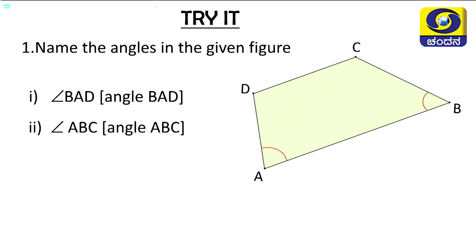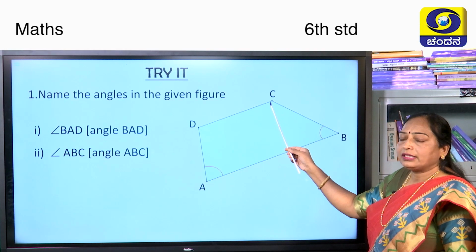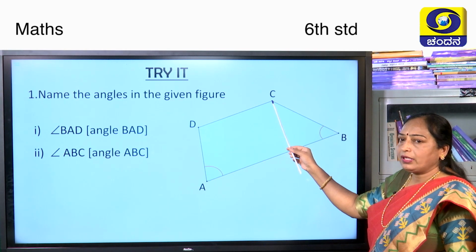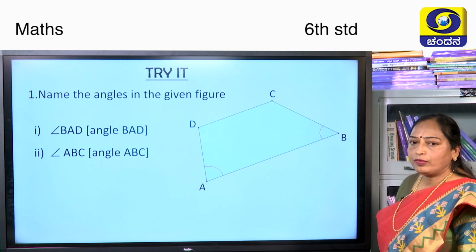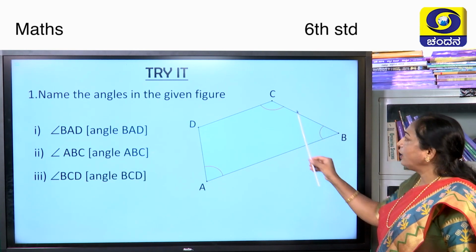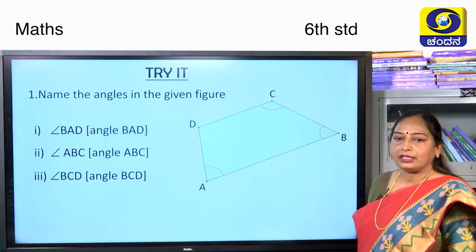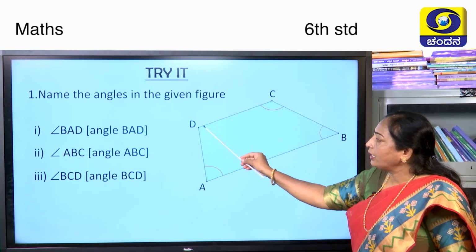Therefore, the angle formed is angle ABC. Look at vertex C. C is formed between CD and CB. Therefore, the angle formed is angle BCD.